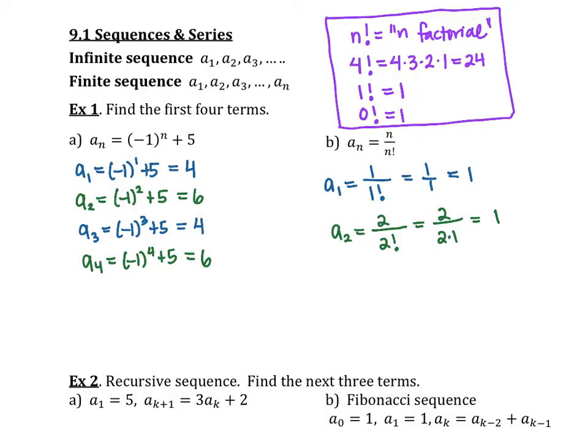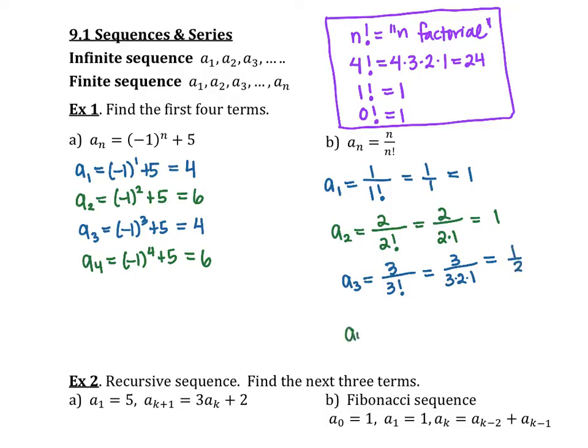Okay, for the third term, 3 over 3 factorial is 3 times 2 times 1. The 3's cancel, so I'm left with 1 over 2.